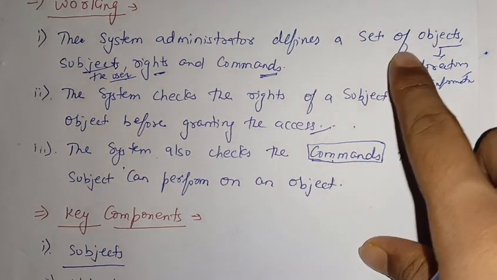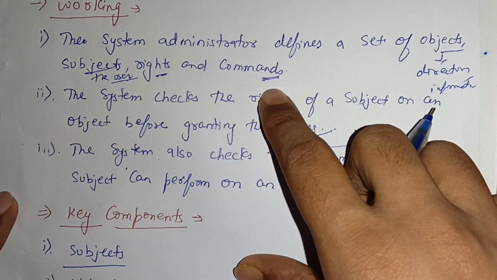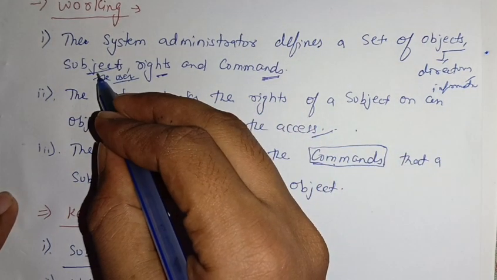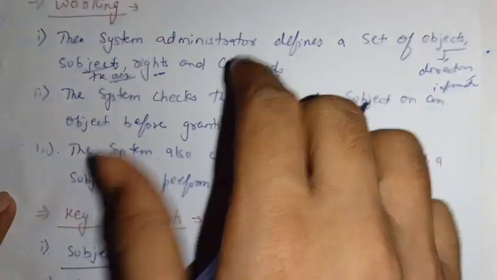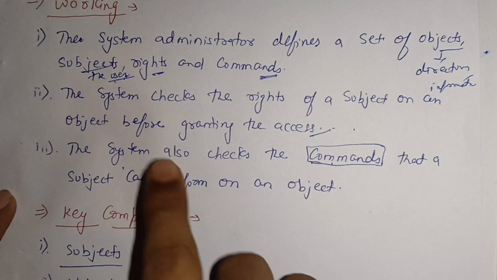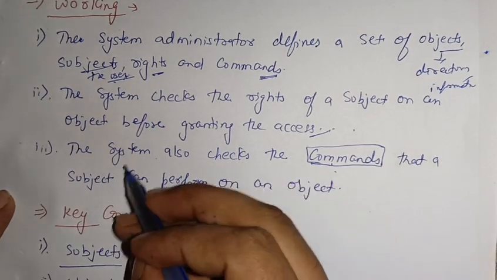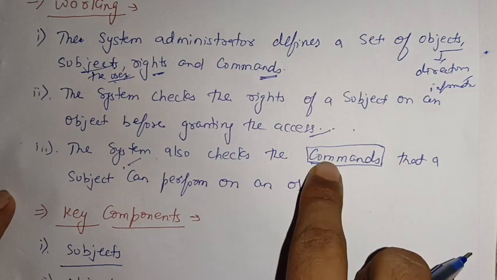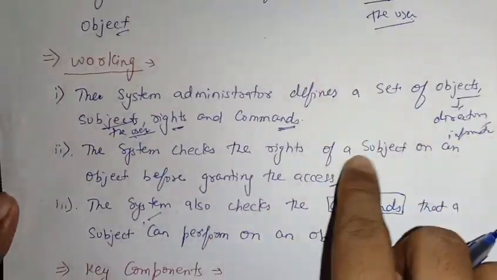It defines a set of objects and commands, like in what way the user has the information, what the limitations are and what powers the user has to access the resource. That is managed by the system, and after checking everything it gives access through the commands only.